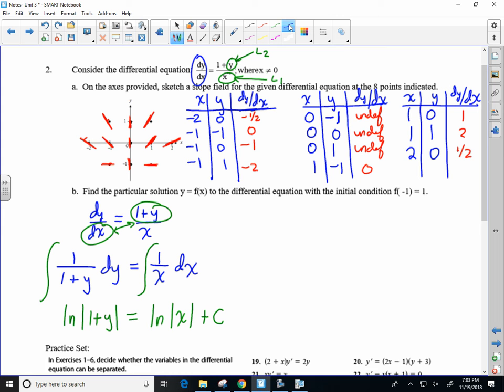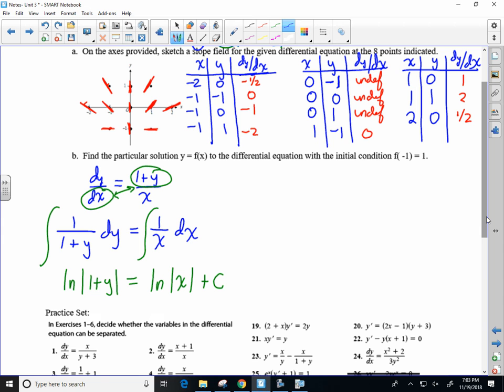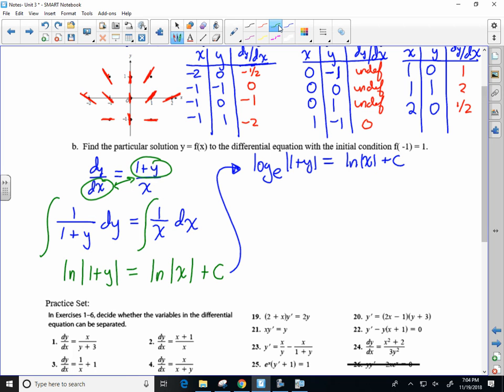If it's a conic section, like an ellipse or a circle or something like that, then you might have a standard form that's more appropriate for that. But in this case, I'm going to write it as log base e of 1 plus y equals ln x plus c. Convert it over.